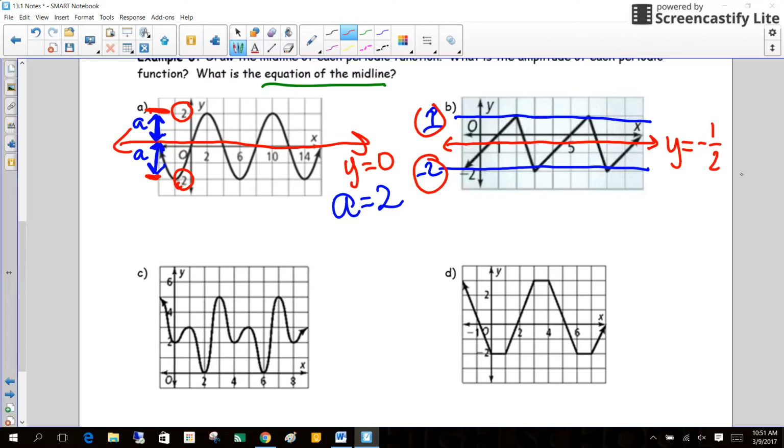You just need to figure out what the value is after. So halfway between 1 and -2 would be a -1/2. My amplitude then, I can find either by thinking about the distance between my midline and my maximum, or midline and minimum, or we can use our formula, which is 1/2 the maximum value of 1 minus the minimum value of -2. So again, this minus a negative becomes a plus, and I find out that my amplitude is 1.5.